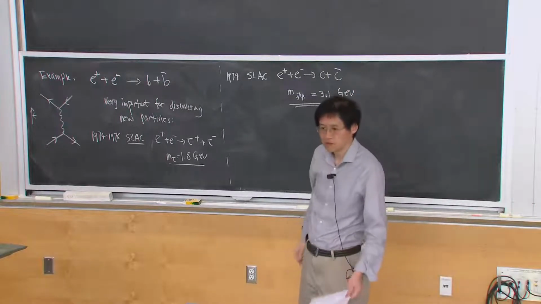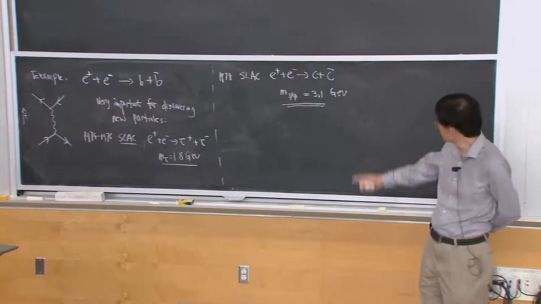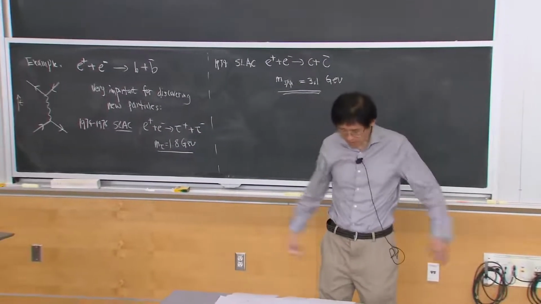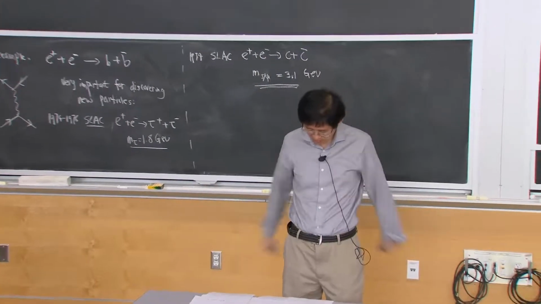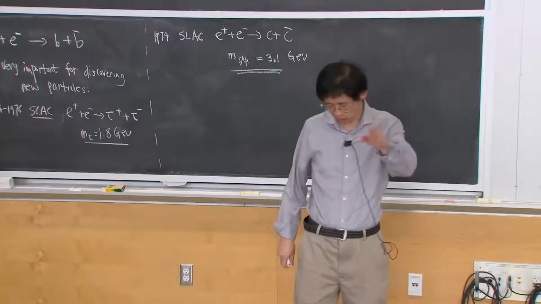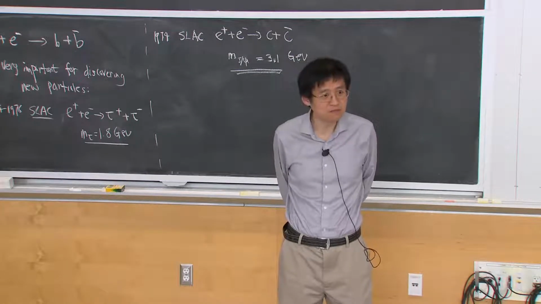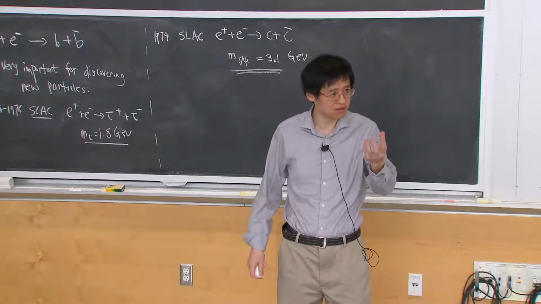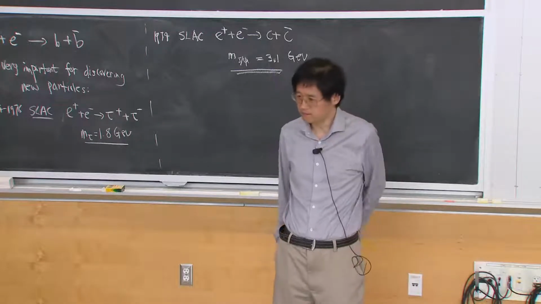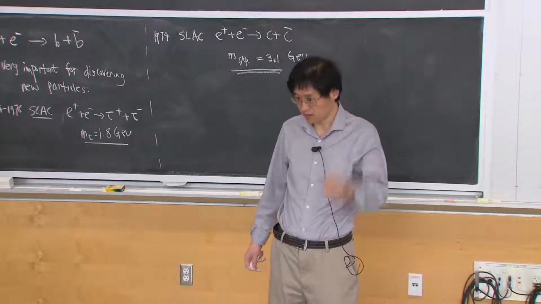There was actually a funny story regarding the discovery of this particle. At Brookhaven, they collide protons on a fixed target. That is a much messier machine, because protons contain lots of quarks and gluons, with strong interactions.